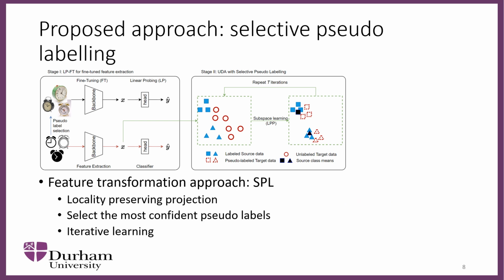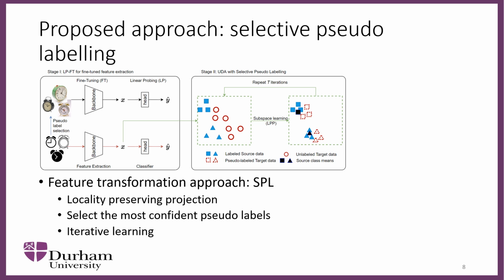In the second stage of our pipeline, we employ one typical feature transformation UDA approach, namely selective pseudo-labeling, SPL. This approach uses LPP to learn a common subspace in which both source and target data are well aligned.